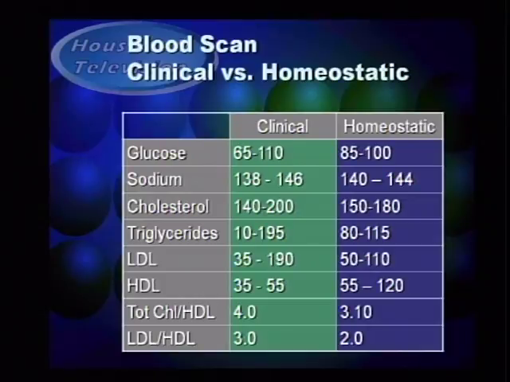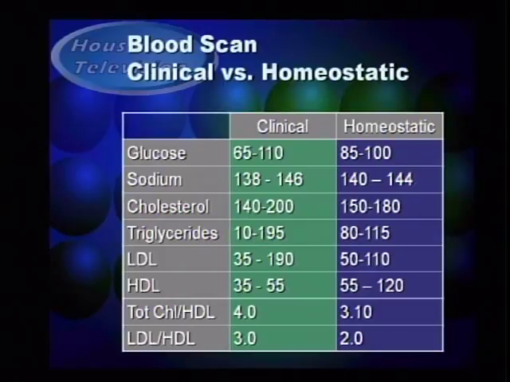The range is 138 through 146, homeostatically 140 through 144. Cholesterol should never be lower than 140 nor higher than 200. Clinically, homeostatically, it should be in the range of 150 to 180. The triglyceride should be between, does that say 10 and 195? Yes. And homeostatically between 80 and 115.